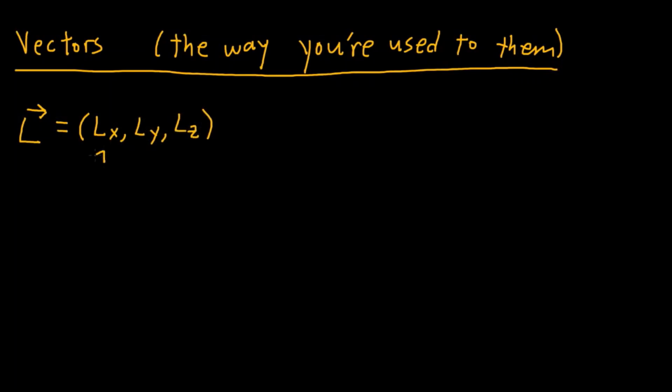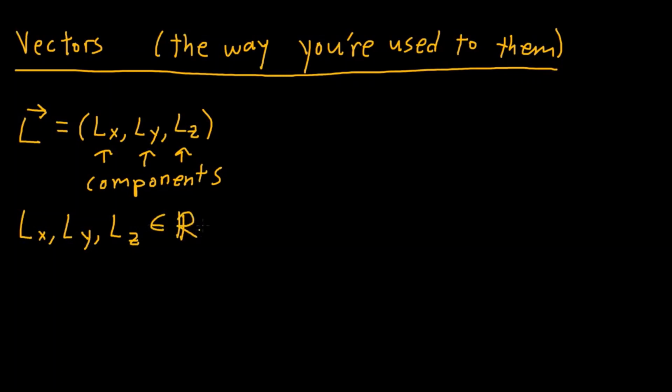These 3 numbers are the 3 components of the vector. Lx, Ly, and Lz are all real numbers.